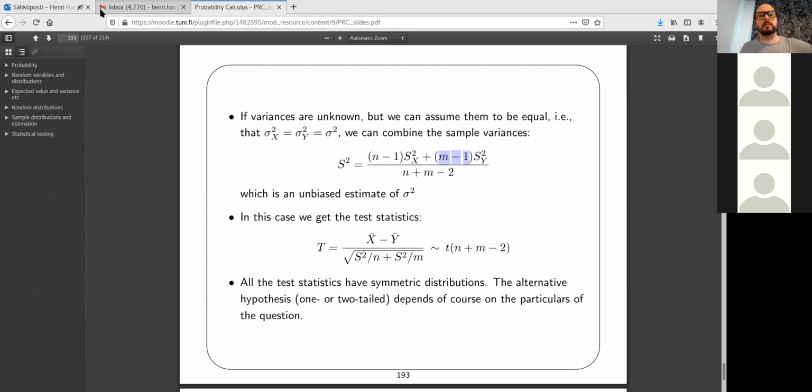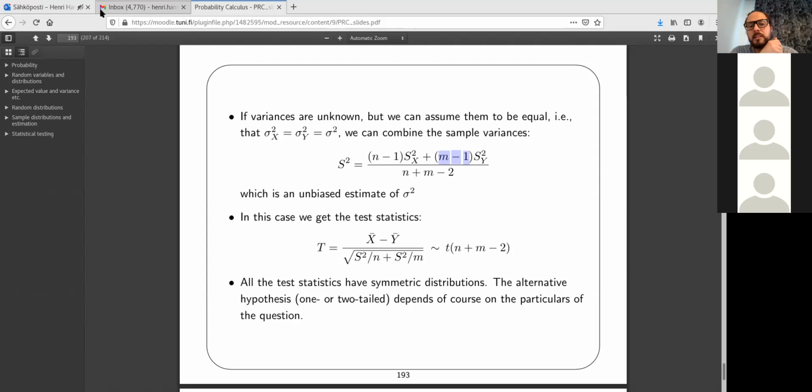So we get a test statistic, and this S here works as our joint estimate of variance, and we get a T statistic where we have the sample mean differences divided by the normalized or combined sample standard deviation.